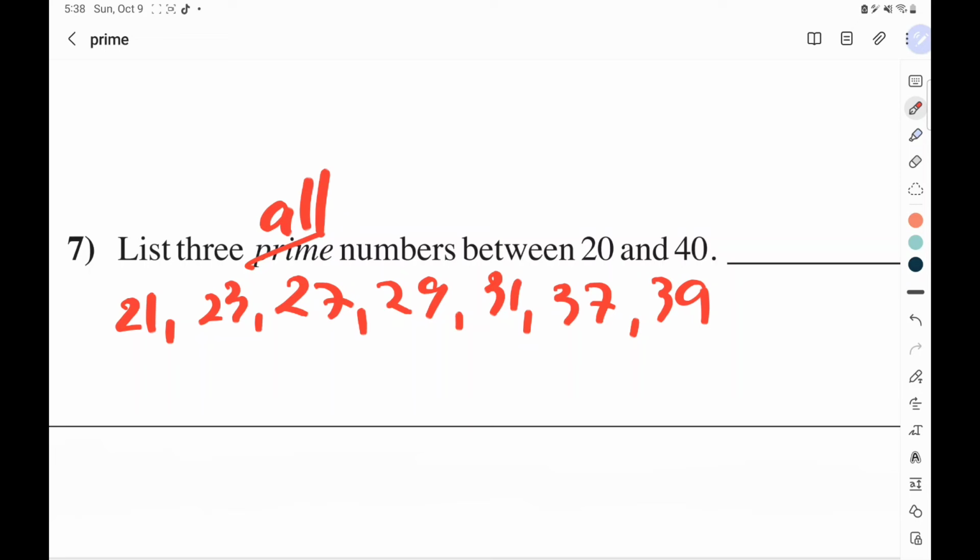Alright, those are the numbers between 20 and 40, but we need to check whether they are prime numbers, right?